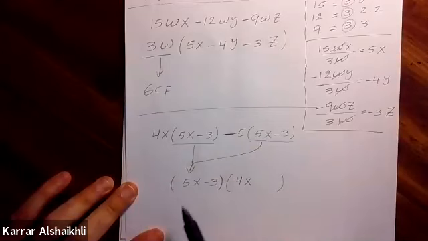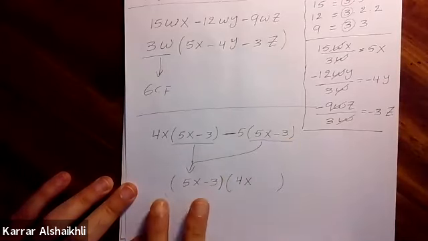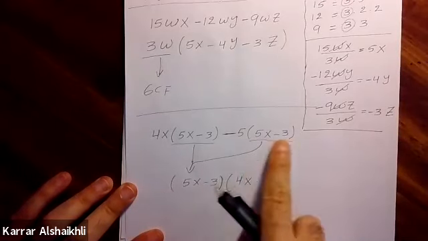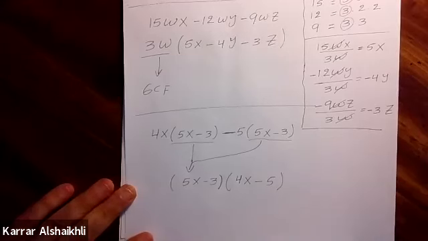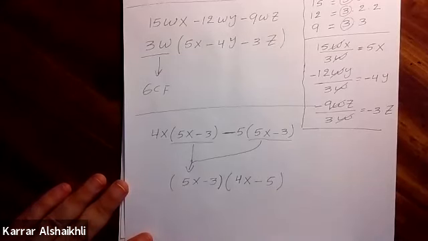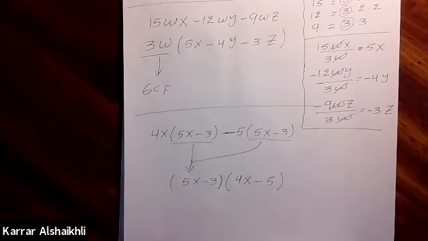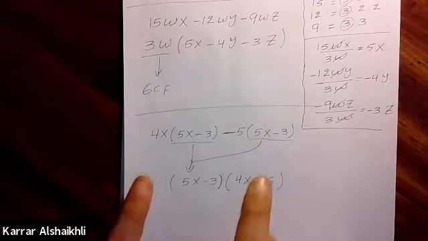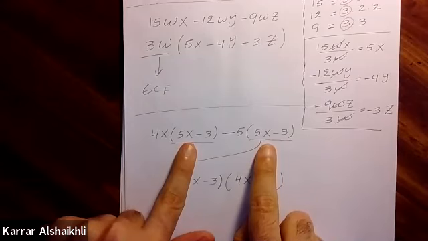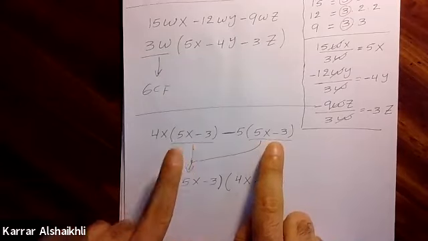Now, this parentheses exists here. What's the leftover here? Minus 5. That's it. Is that hard? We're going to do another example. So every time when you see these two parentheses exactly the same, you're going to write down here.